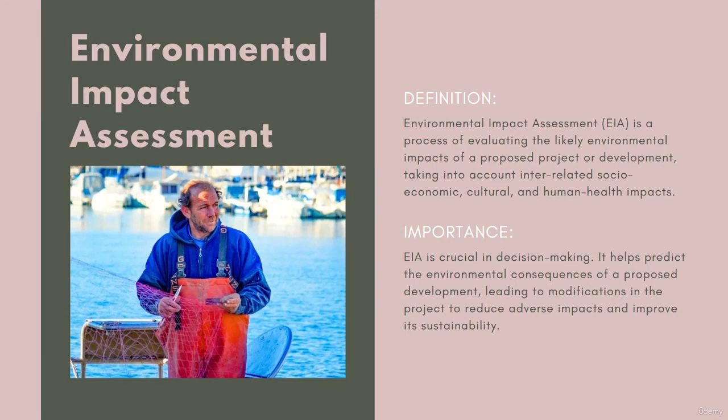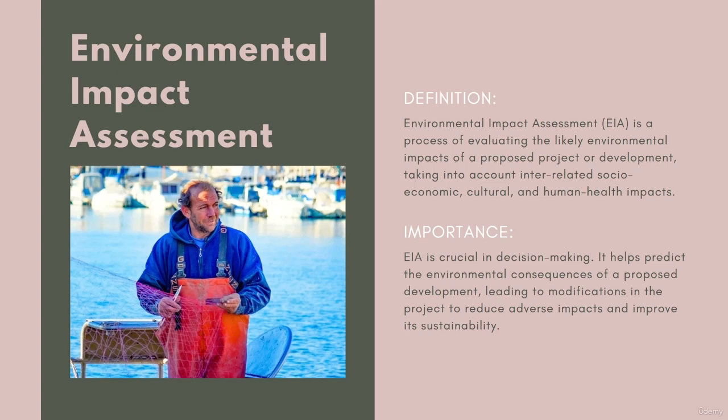A lot of trees will be cut down. A lot of infrastructure in terms of construction would be required, and that would not only require money, but also a lot of resources. So what will be the impact of this project on the environment, on the people, on the natural resources which already exist at that place? This is called environmental impact assessment.